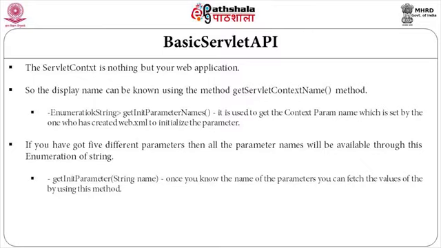The object of servlet context is your web application. So, if anyone who has the servlet context object wants to know what display name is used here, it can be picked up by using the getServletContextName method, which gets the display name.